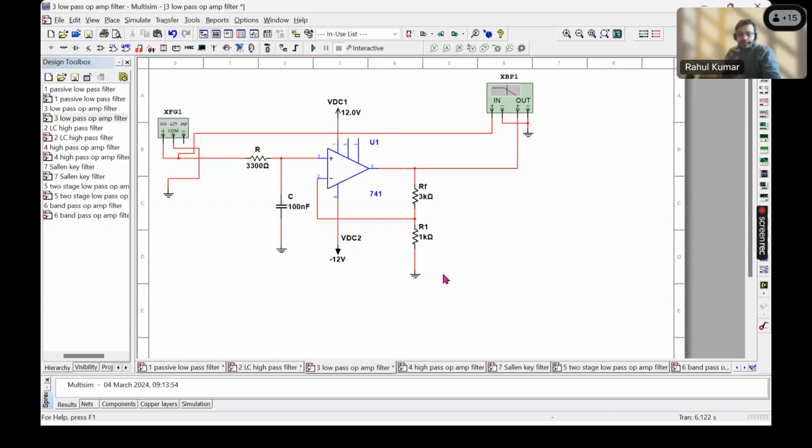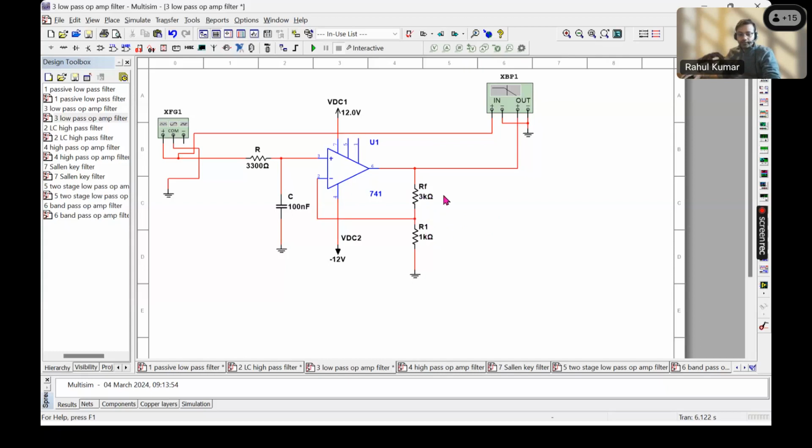So the low frequency gain will be 1 plus RF divided by R1. That will be 1 plus 3 divided by 1, which is 4. If you convert it into decibels, take the log of that and multiply it by 20, it will be around 12 dB.